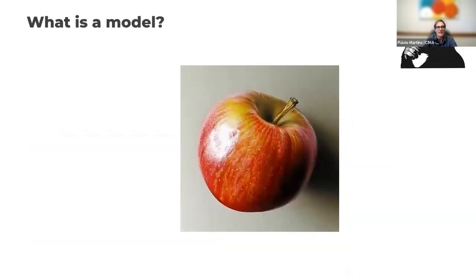And starting with the first question, what is a model? I would like you to see this picture here and tell me what you see. You are free to open your mic and interact with me. What do you see here? Anyone?